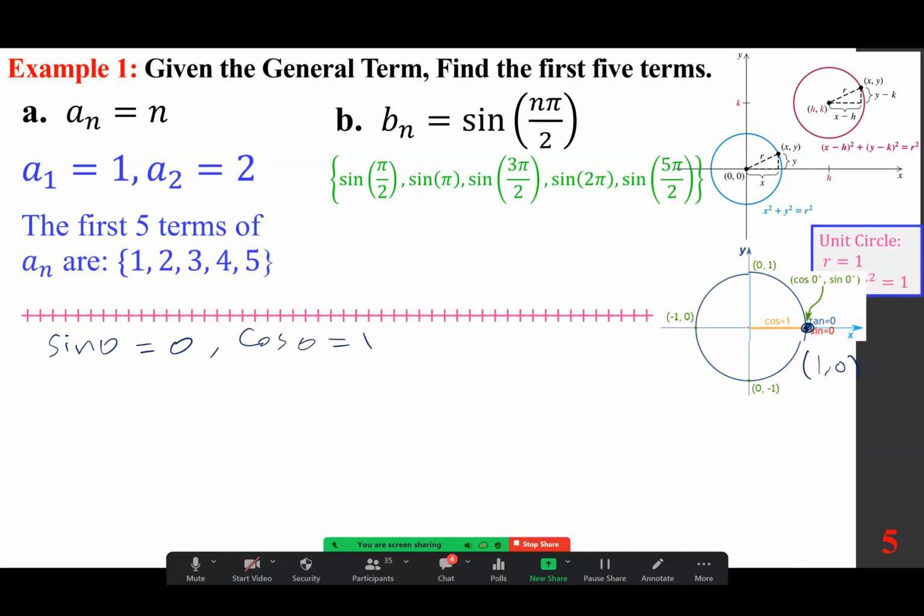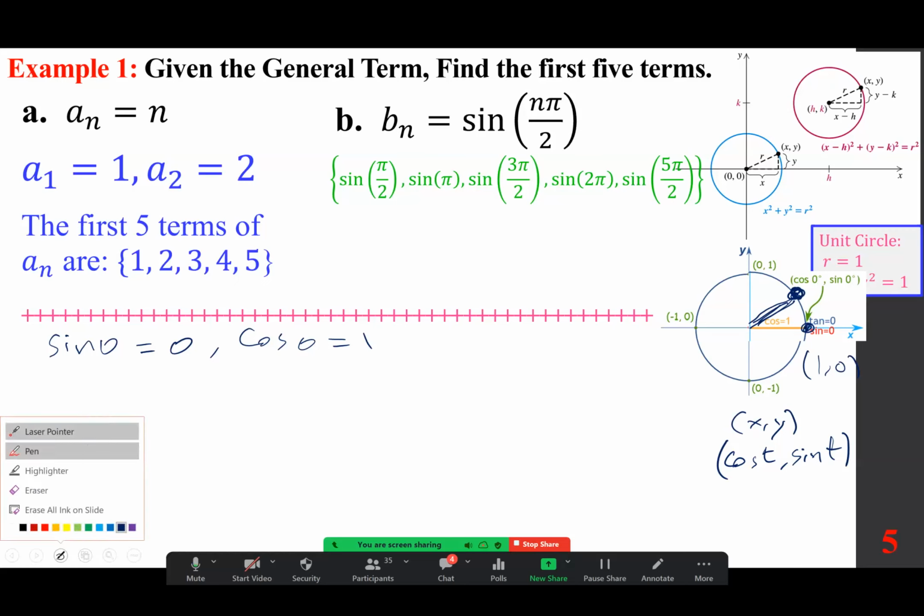Why is that? Because every point, like this point, has coordinates x comma y, which is cosine t comma sine t. So the x coordinate is cosine, the y coordinate is sine. Therefore, cosine of this angle, which is 0, is 1, and sine is 0.